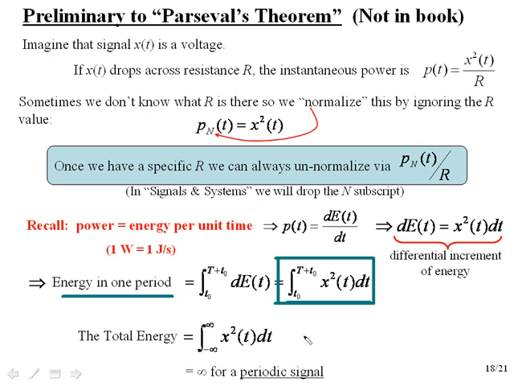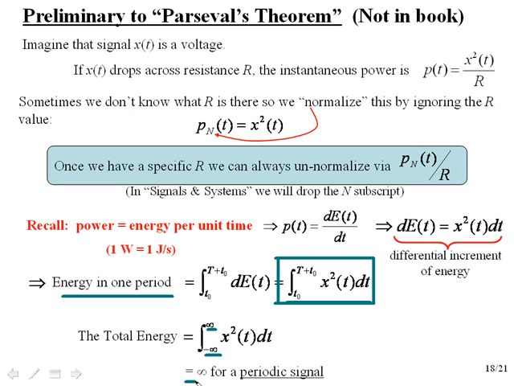If we want to know the total energy of a periodic signal, we integrate it from minus infinity to infinity. Now, picture in your mind any periodic signal, and we're going to square it, so now there is no negative area that can be contributed as we go through this integral. So we're just constantly accumulating positive area, and we're getting the same amount of positive area from each period, and we're going through an infinite number of periods.